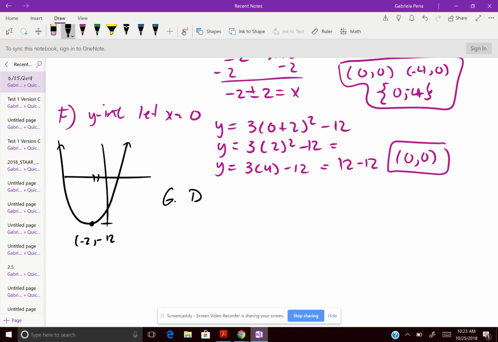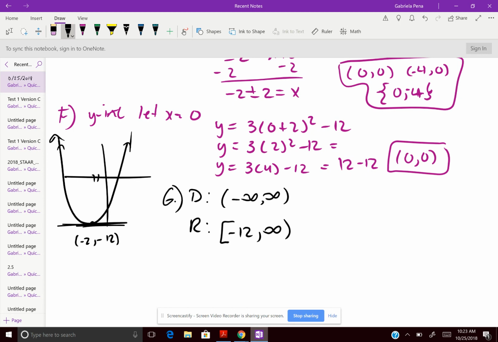So when we think about domain, what is it? Negative infinity to positive infinity. But your range is going to go from where to where? -12 to positive infinity. Because it starts at -12 and it's going everywhere above. Make sure you have a bracket on the number because it includes the -12. There is a point at -12.